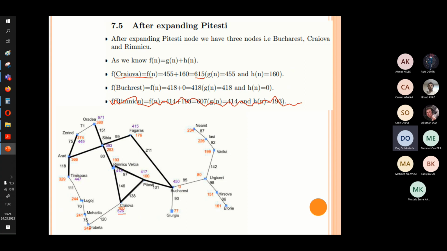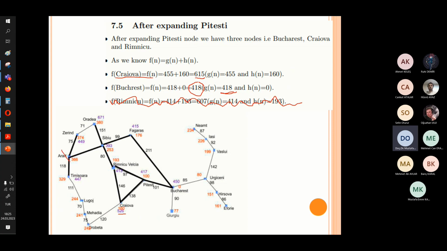The old value was 526, so it wouldn't need to be updated. And how about the other node that we should visit? It is directly to Bucharest. And when we calculate, what we have found is 418. So reaching Bucharest, starting from Arad and going through Pitesti, the cost is 418.